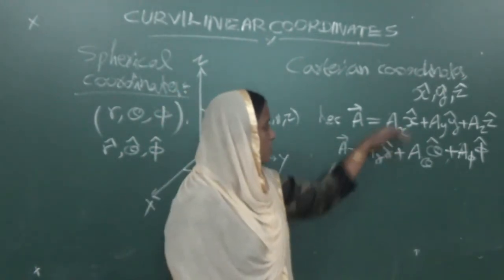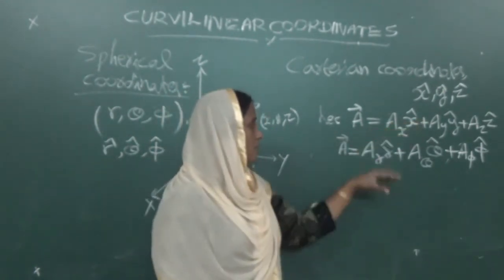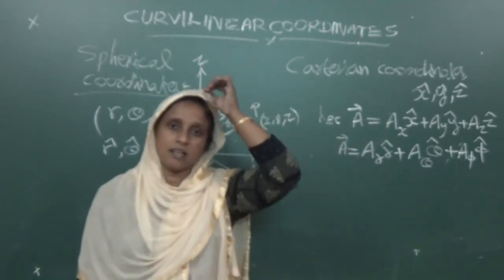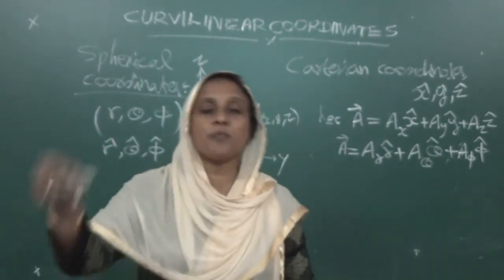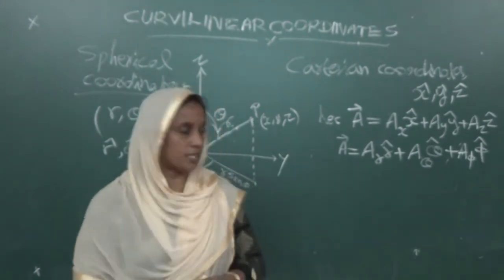These two representations are the same. They represent the same vector A, either in Cartesian coordinate system or in spherical polar coordinate system.